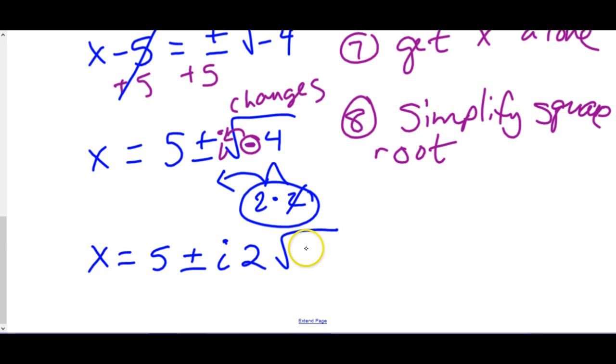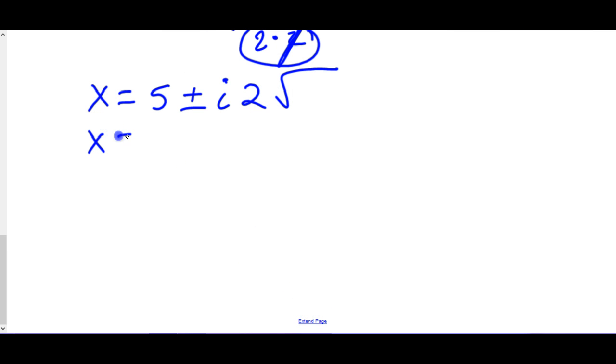Here we don't have anything left inside because one of the 2's canceled. This 2 moved outside. The 4 we don't use anymore because it changed to the 2 times 2. So we actually just leave i2, we get rid of the radical symbol now. And also usually we put the i behind the 2 because we put the variable after the number.